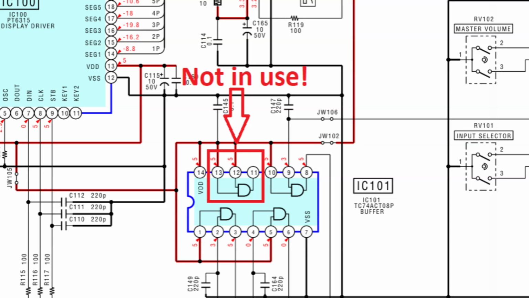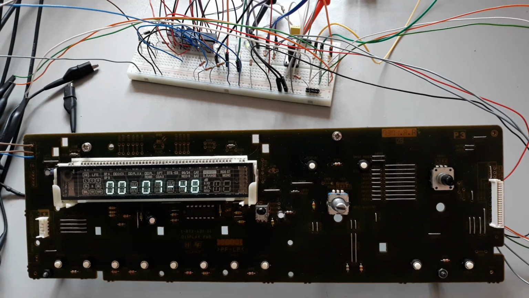Since one of the inputs of each AND gate is held at a high logic level, the output simply follows the input signal. In other words, what goes in is what comes out. Most likely, this was done to adapt the signal levels, converting the original 3.3 volts logic from the CPU into a 5 volt compatible signal for the driver.